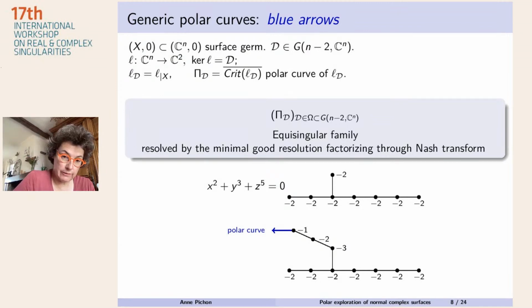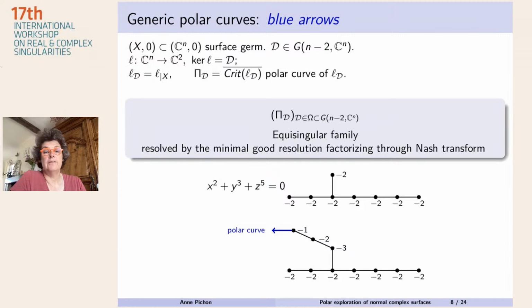If you want to resolve the surface and this family, you have to take the minimal, at least the minimal, good resolution factorizing through the Nash transform. And again, as in the previous case, it is not a topological data.